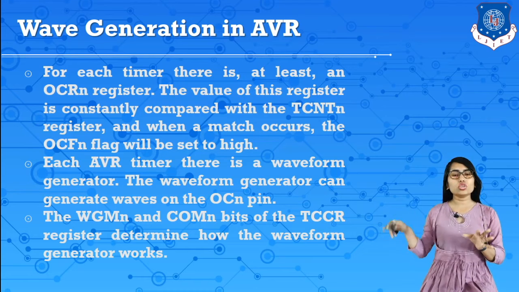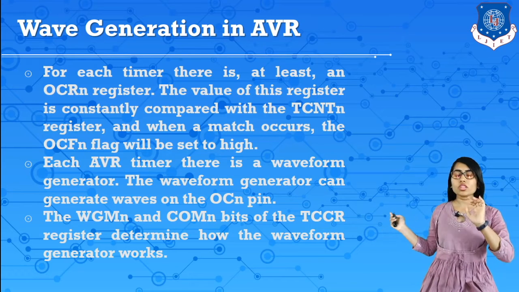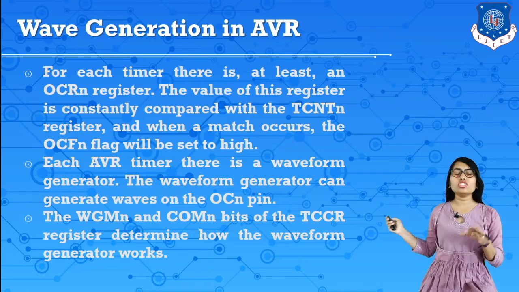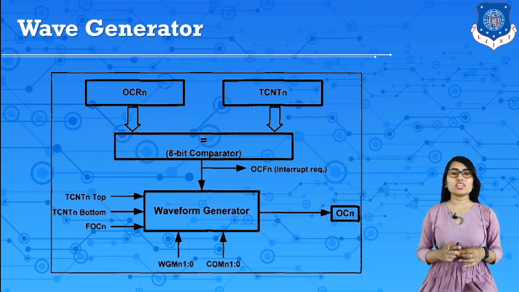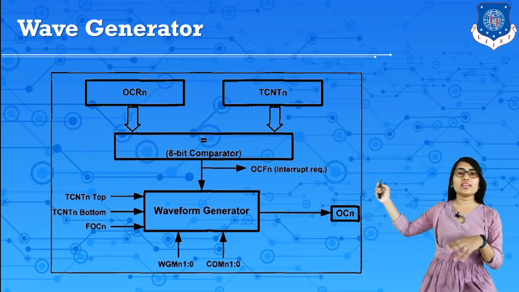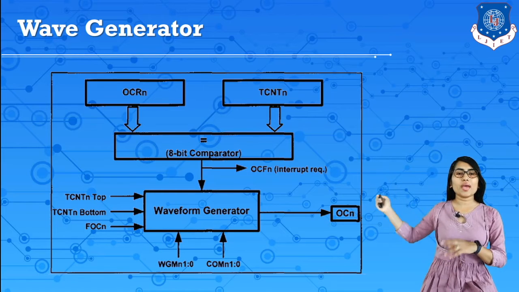When we check the output on the OCn pin, there is a waveform on this pin depending on which type of delay we generate. So here we have a wave generator circuit like this. The OCR and TCNT values are loaded, and TCNT is compared with OCR.